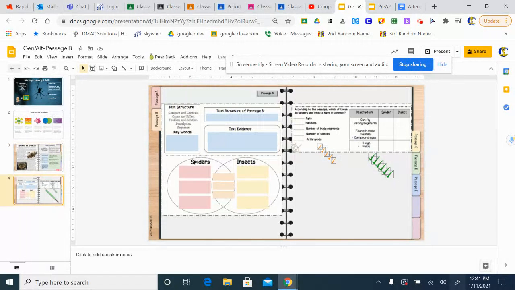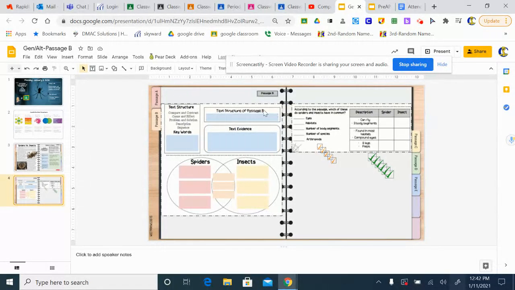The next slide, slide number 4, we then again look at the text structure like we did last week. So here we talk about the 5 different text structures we're talking about over this next week. Compare and contrast, cause and effect, problem solution, description, sequence.